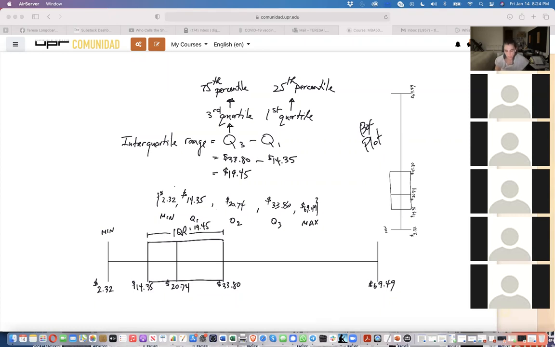Now what we're going to do is use this range, but a little bit longer. From the edge here, I'm going to expand from this edge, Q3.